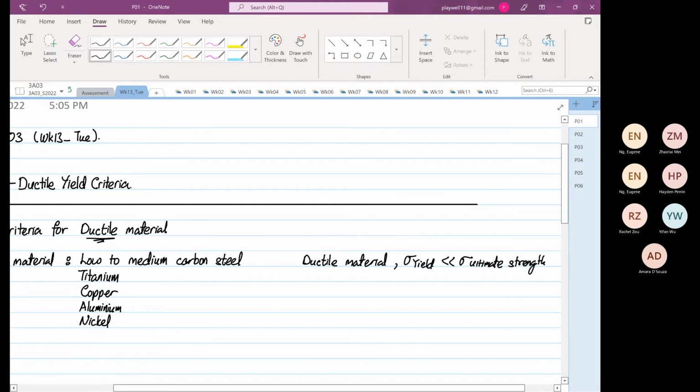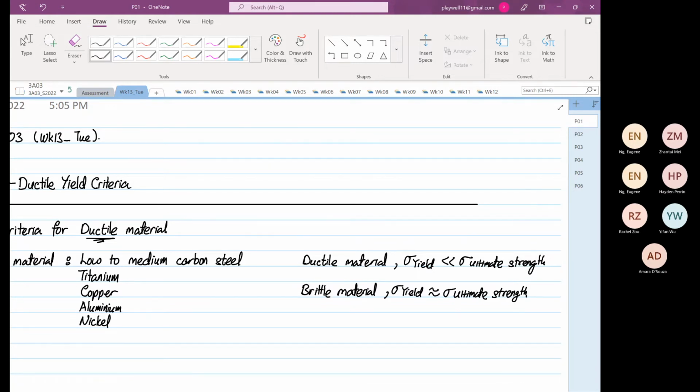Whereas if we look at brittle material, usually the yield strength is approximately the same as the ultimate. So by looking at magnitudes, you can more or less guess, is it ductile or brittle?